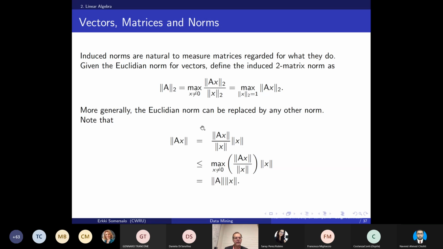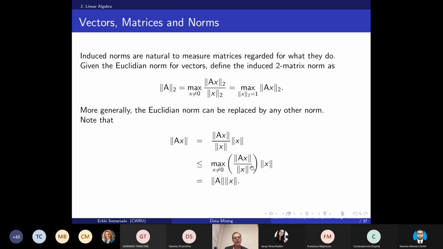And so here is an important calculation. Let's look at the length of Ax. Now I'm multiplying and dividing it by the length of x, assuming that x is non-zero. Of course, that's important. Now the ratio of ||Ax|| divided by ||x|| is less than or equal to the maximum amount of stretching that this matrix A can do.